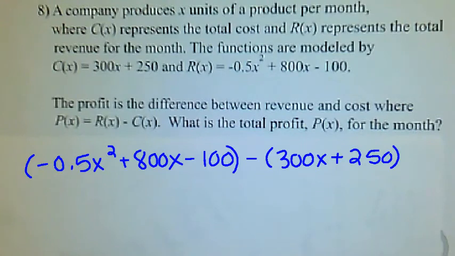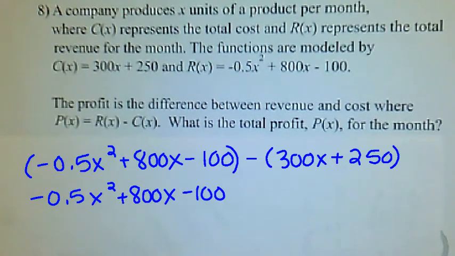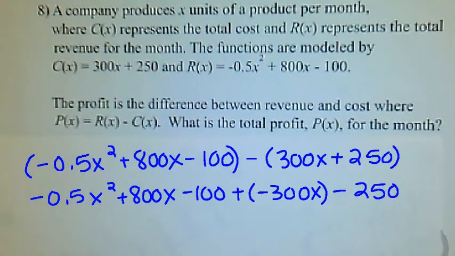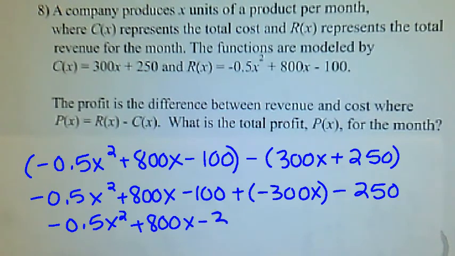Remember, keep the first polynomial the same. I'm going to change this to addition. This will be a negative 300x, and then this changes to a negative 250. So I get a negative 0.5x squared plus 800x minus 300x minus 100 minus 250.